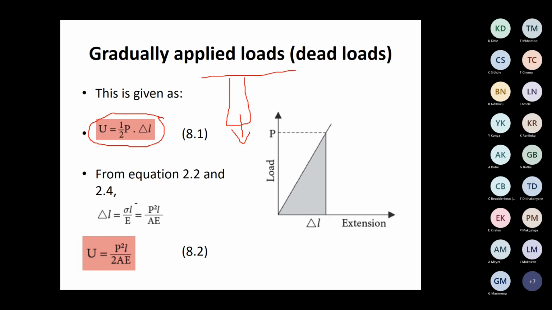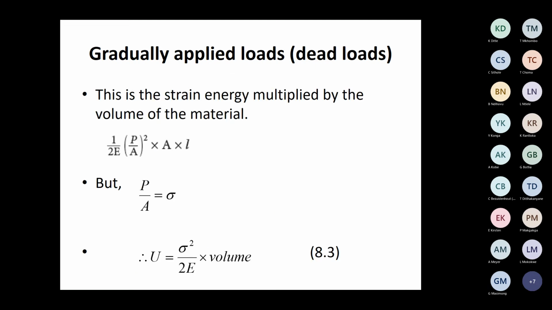From there we can continue and say strain energy is multiplied by the volume of the material, because there must be a volume to have strain at the end of the day. That is important.